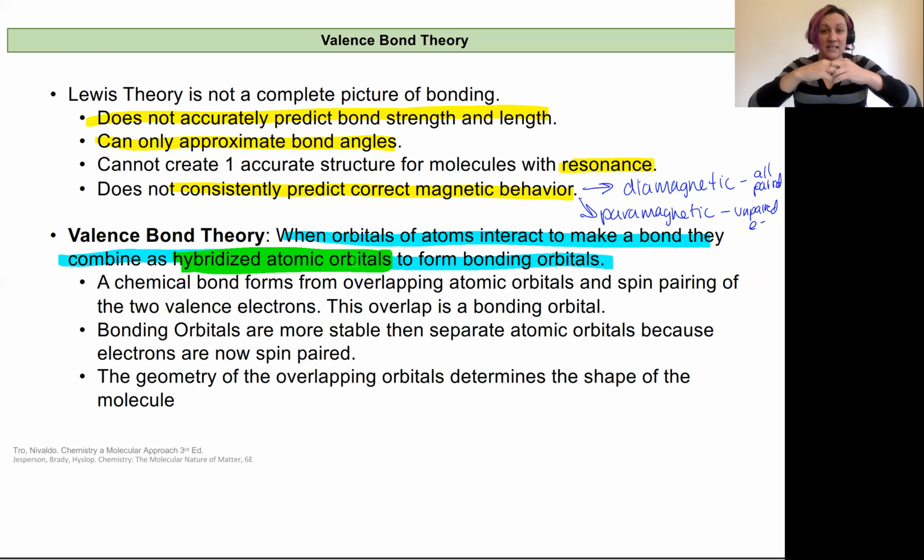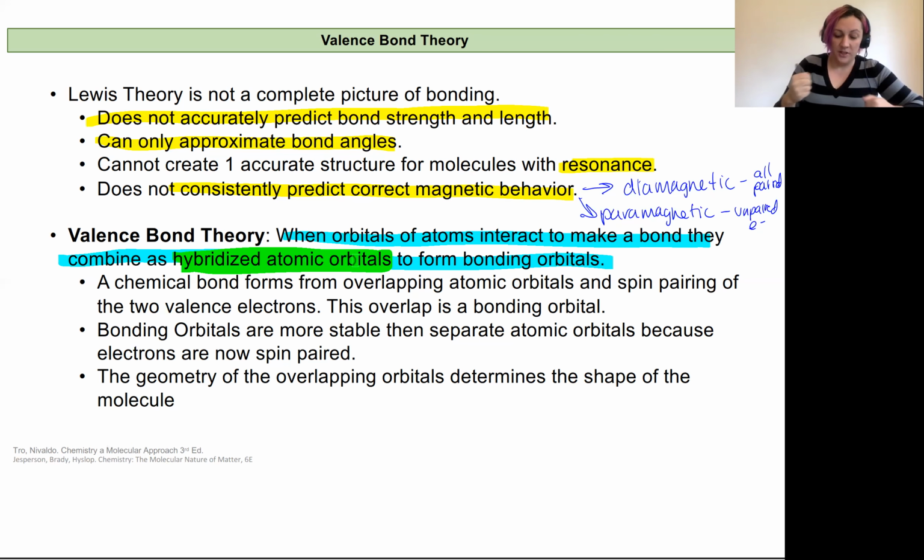But to really create bonding orbitals that make sense with what we observe when we look at the 3D orientation of atoms around a central atom, we get a more stable arrangement with hybridized orbitals rather than separate atomic orbitals only coming together.